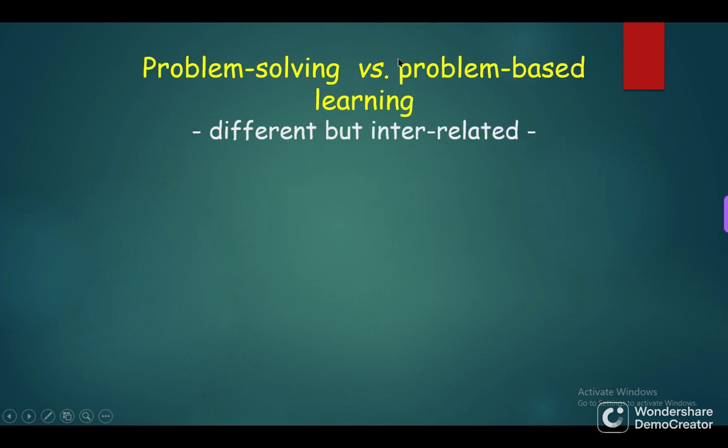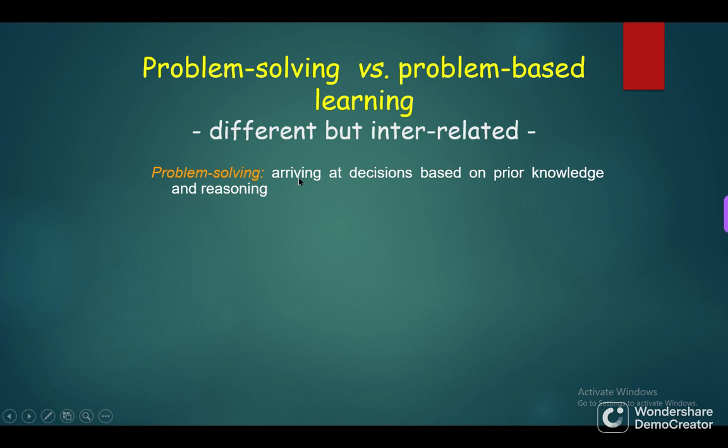Problem solving versus problem-based learning: different but interrelated terminologies. If it is problem-based learning, it will definitely lead to problem solving.